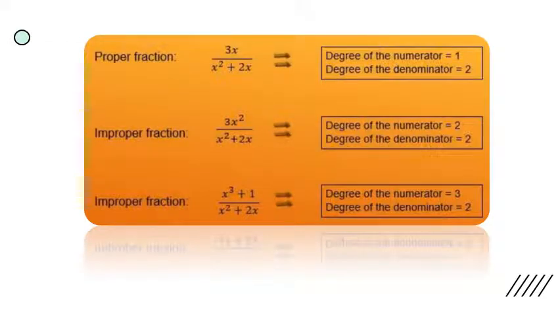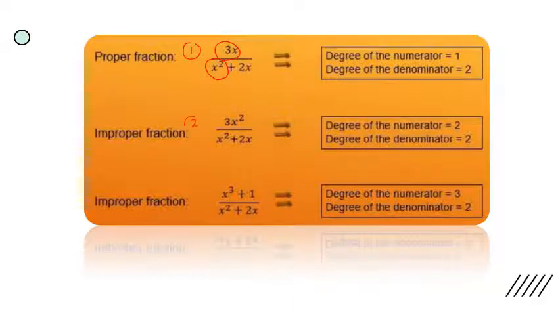Okay, let's look at examples of proper and improper fractions. Look at the first example. The degree of the numerator is 1 and the degree of the denominator is 2, so it is a proper fraction because the degree of the numerator is less than the degree of the denominator.